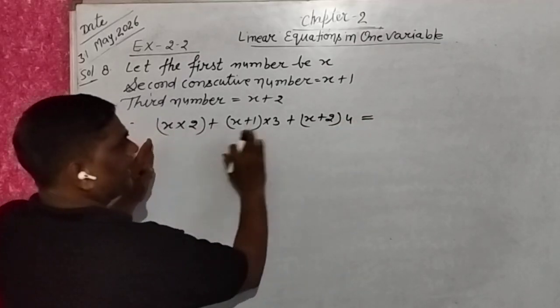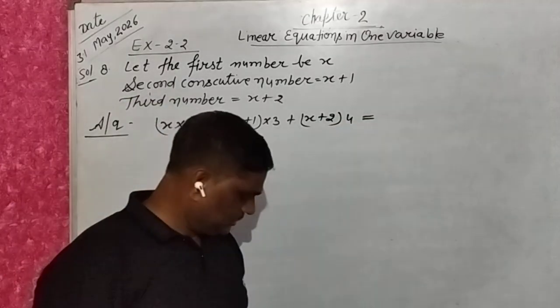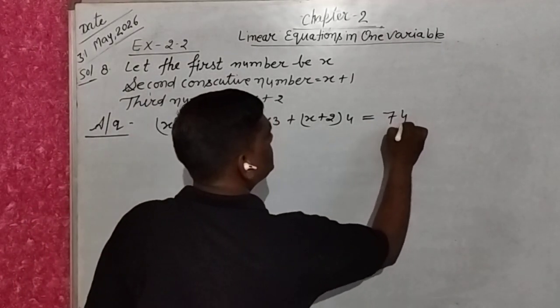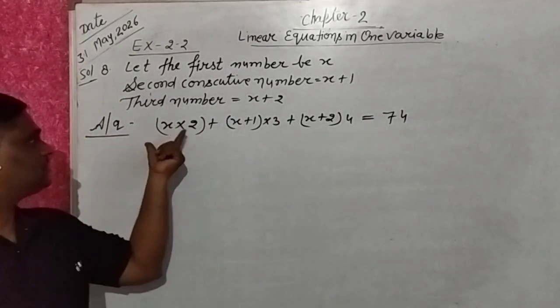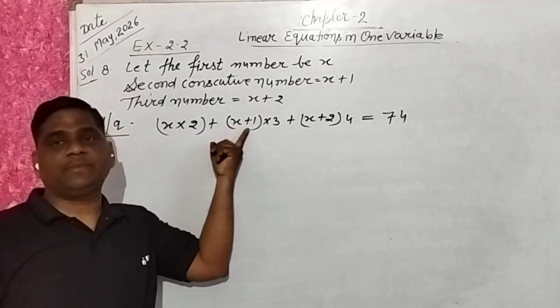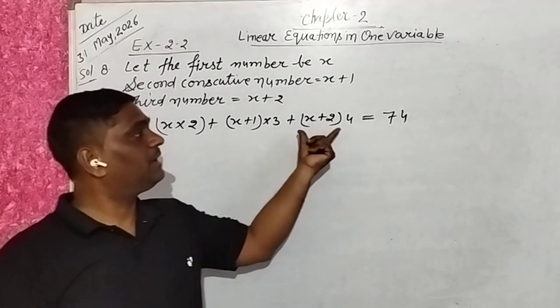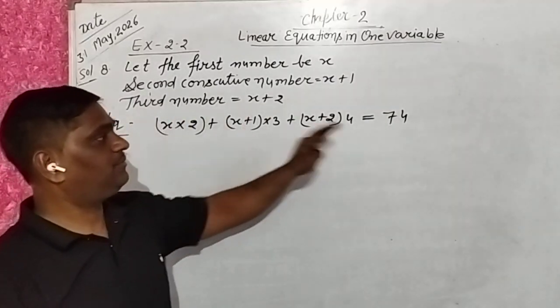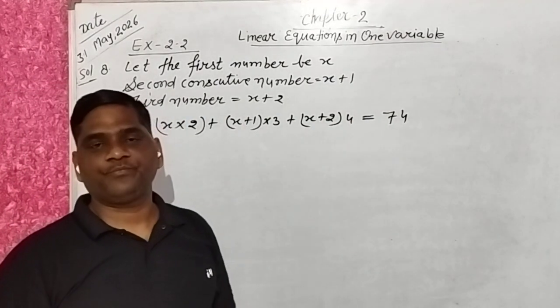Then add all of them and you get 74. So the first number multiplied by 2, second by 3, third by 4, and the sum is equal to 74.